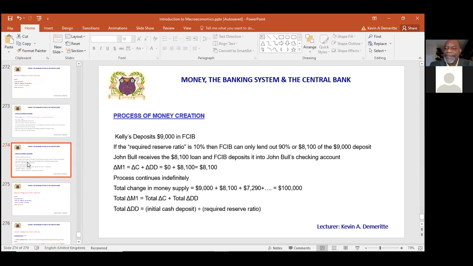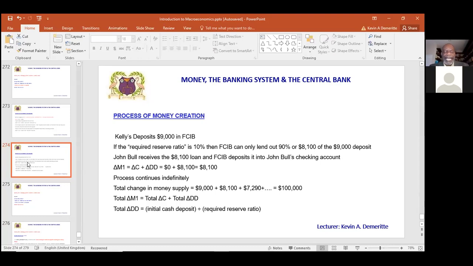We lent out 90%, 90%, 90%. And when we add all those up, we find that we have, in essence, lent out $100,000 in total. So the banks initially got a $10,000 deposit and converted it into a total of $100,000 worth of loans. Okay? A 10-to-1 ratio.